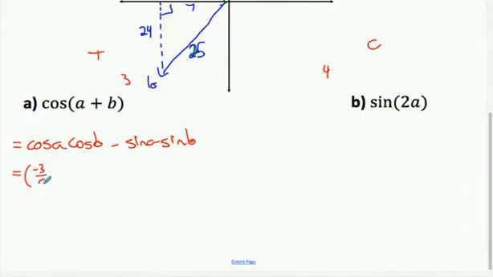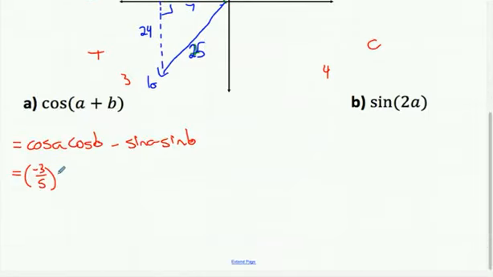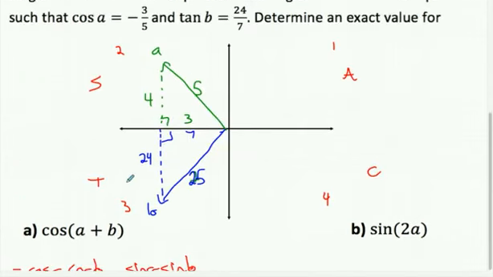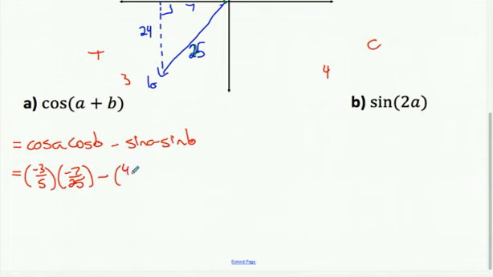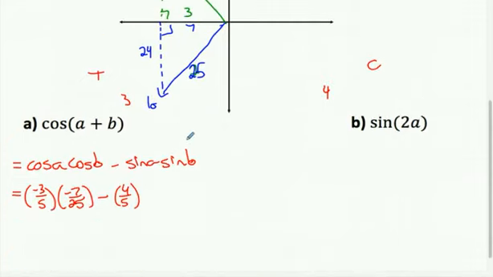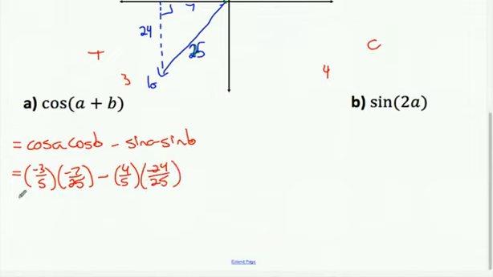Cos B, we're in the tan quadrant, so it's also going to be negative, so this is angle B, so cosine would be negative 7 over 25. Minus sine A, so sine A would be opposite over hypotenuse, 4 over 5, and we're in the sine quadrant, so it stays positive. Sine B, opposite over hypotenuse, 24 over 25, but we're in the tan quadrant, so it's going to become negative: negative 24 over 25.